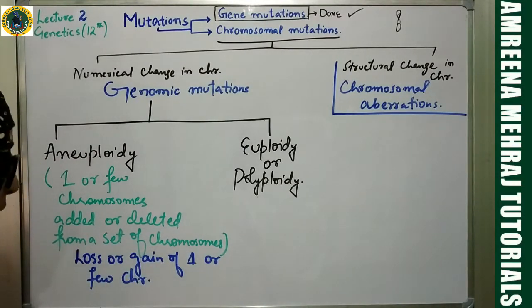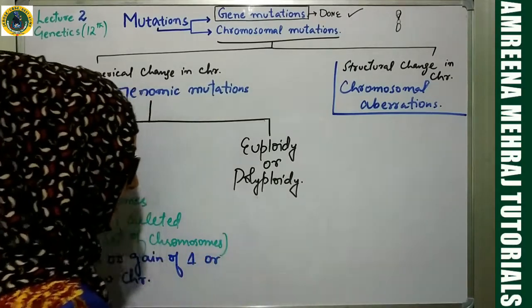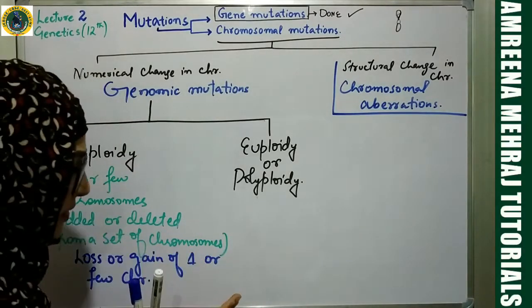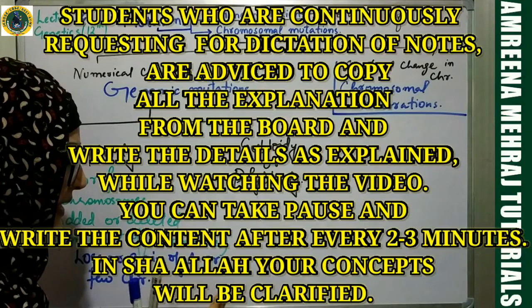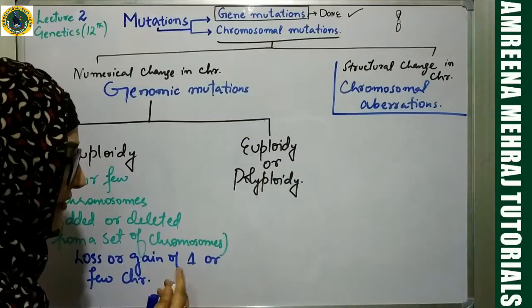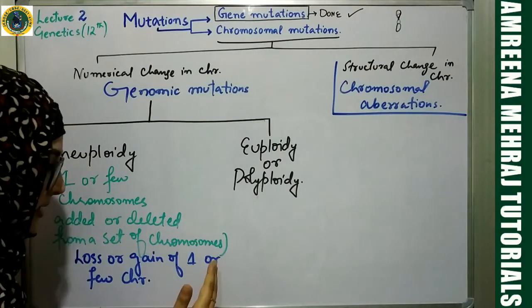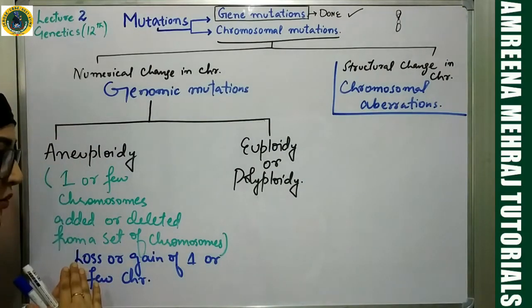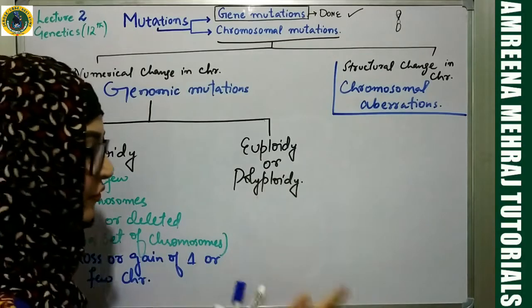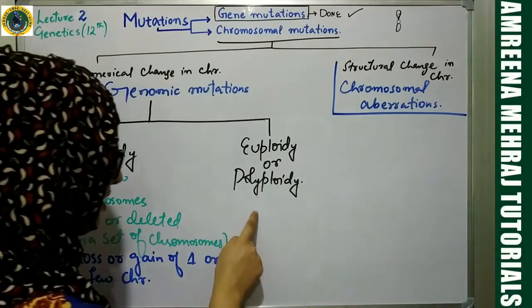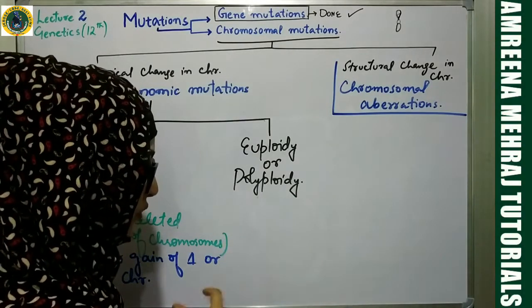Now, as far as euploidy is concerned, it is the same type of mutation, but you will not be having one or two chromosomes added. You will be having a complete new set of chromosomes. So in this case, you will not find only one or two chromosomes added.